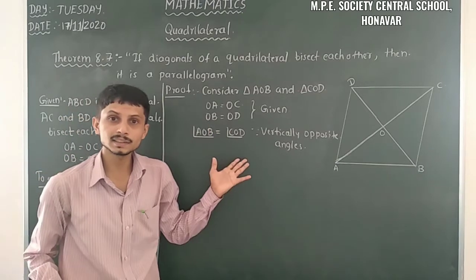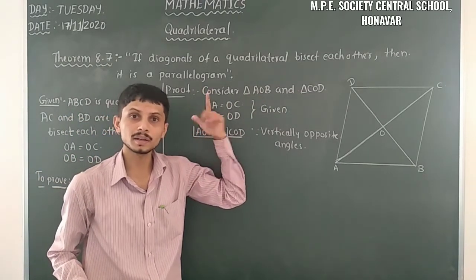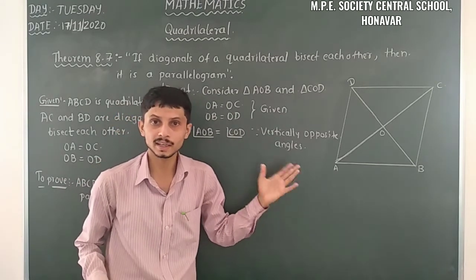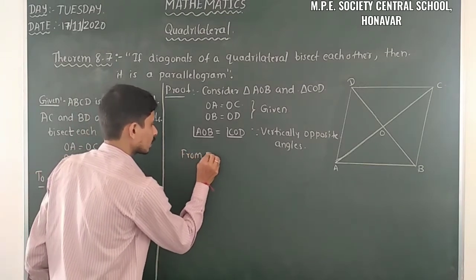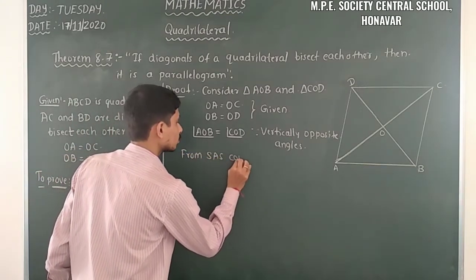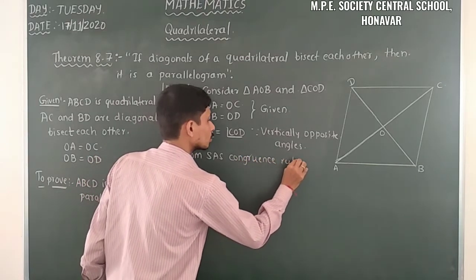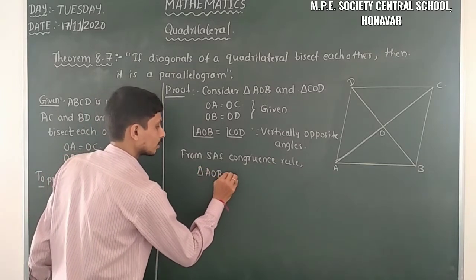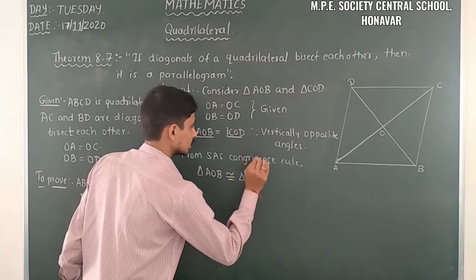So we can consider those two triangles congruent. After that we can take the corresponding parts of congruent triangles are equal. From the SAS congruence rule, triangle AOB is congruent to triangle COD.